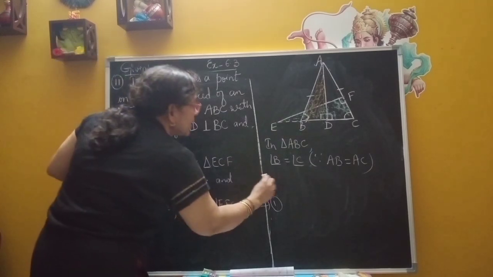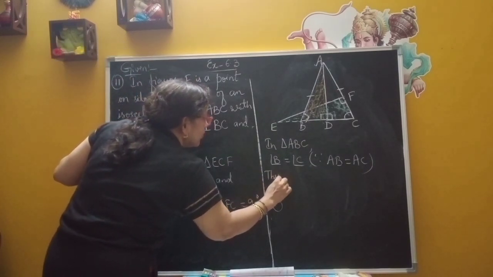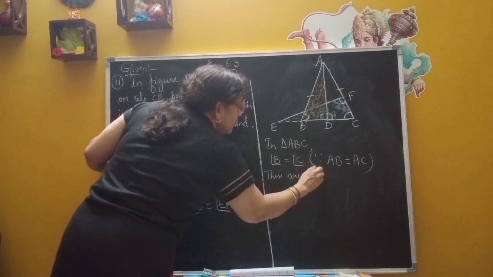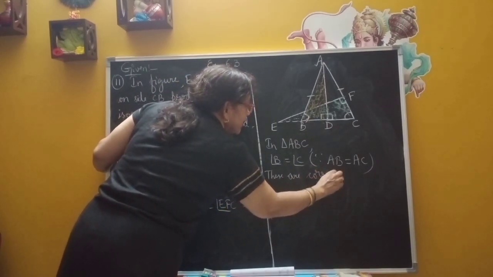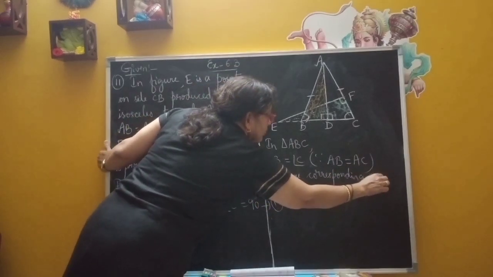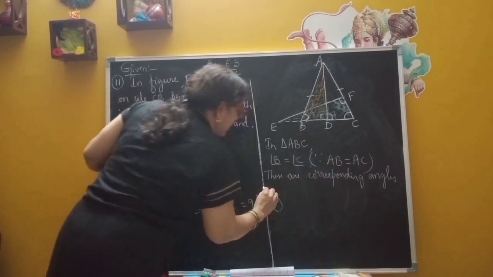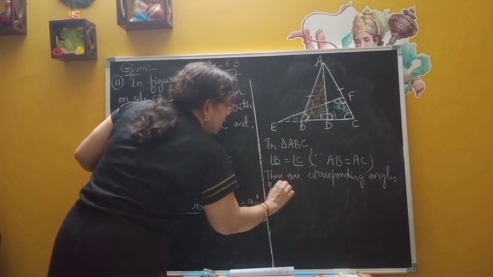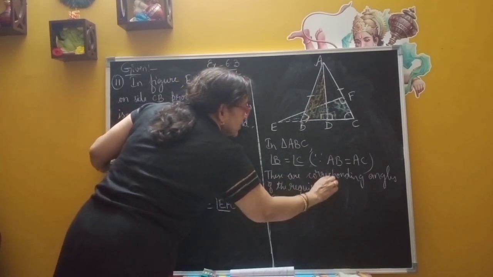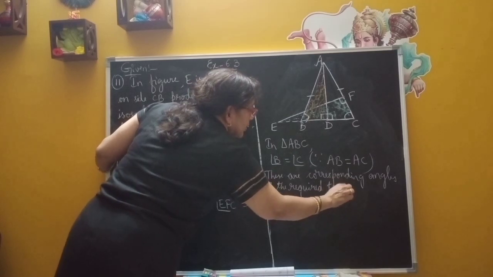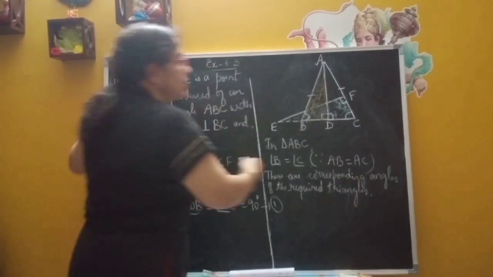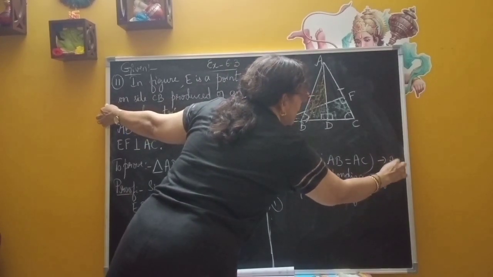So these are the corresponding angles of the required triangles. Let us consider this as result 2.